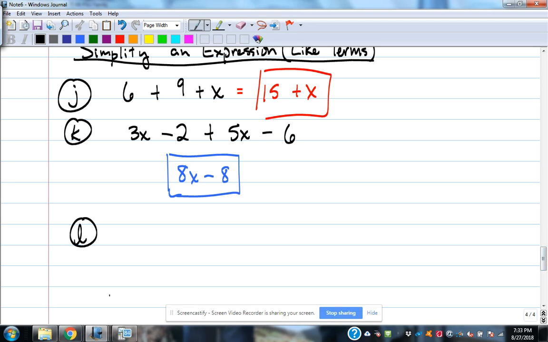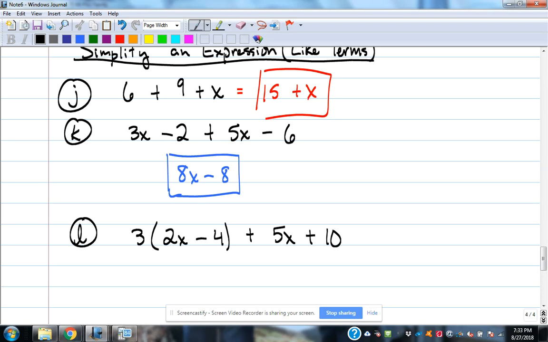One more here. Let's do 3 parentheses 2x minus 4 plus 5x plus 10. Kind of step it up a bit.